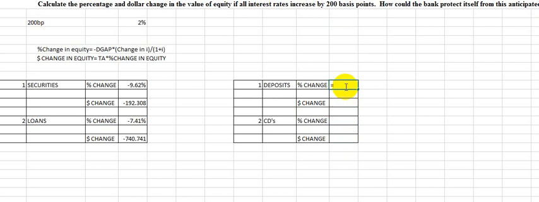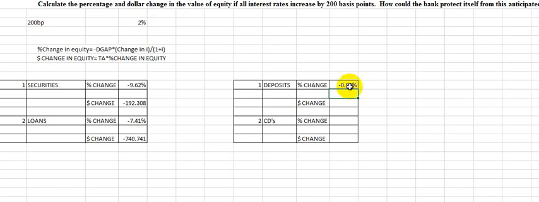Again, deposits were $3,000. The interest rate was 4%. And the duration was 0.5 years, so minus 0.5 times 2%, the increase, divided by 1 plus the initial 4% for the deposits, which is 0.96%.